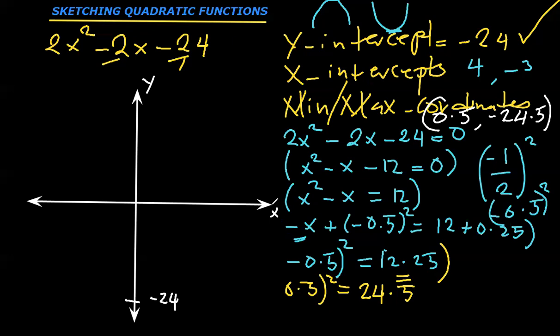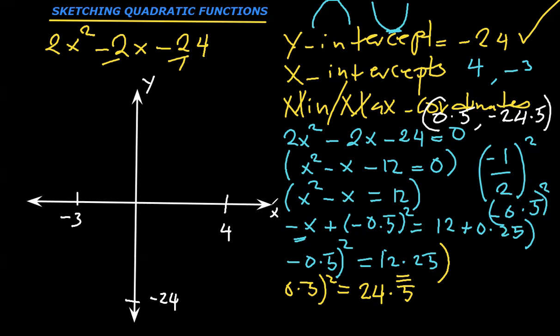Then I have two x-intercepts. One is negative 3, I can put it right there. And the other one is 4, I can just put it there. All right. Then the coordinates of the minimum point is 0.5, negative 24.5.